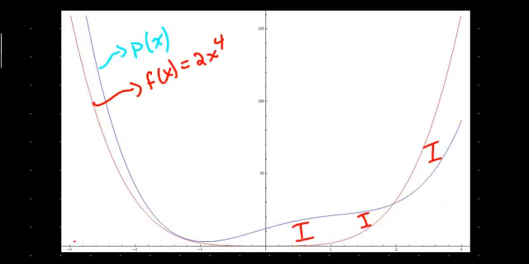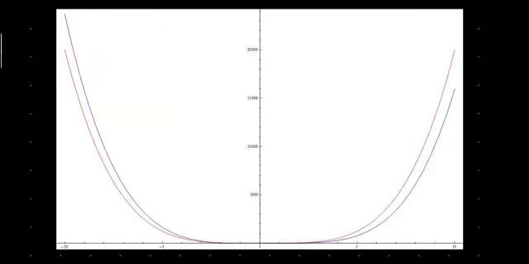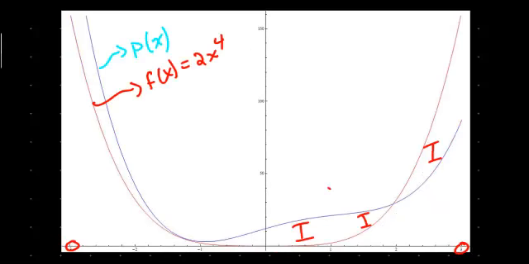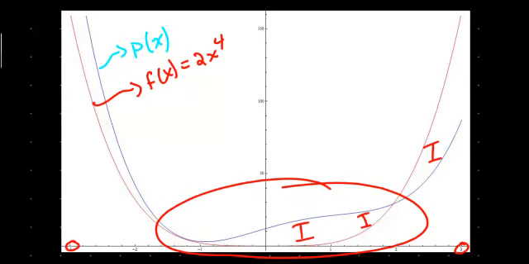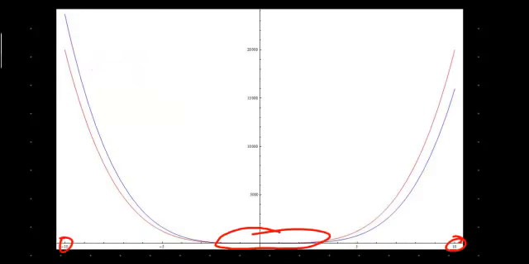Note here that my domain was from -3 to 3. Now here I've got another graph where I took the domain from -10 to 10. And you see that as we zoom out, there are differences in this region here. Those differences, as we zoom out, start to disappear, but we still see a gap here.